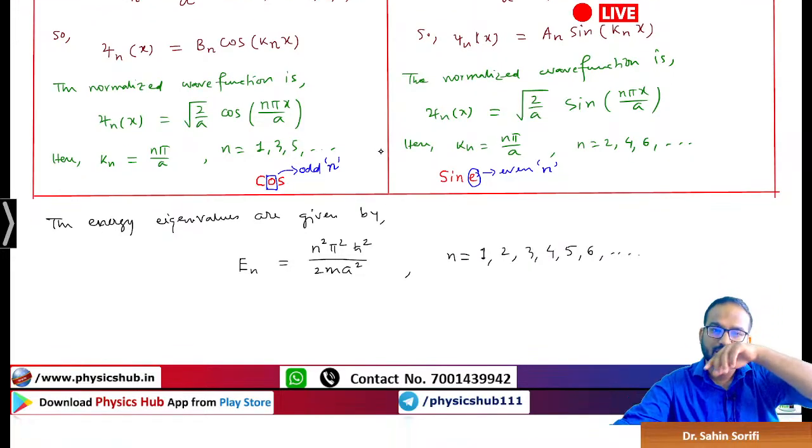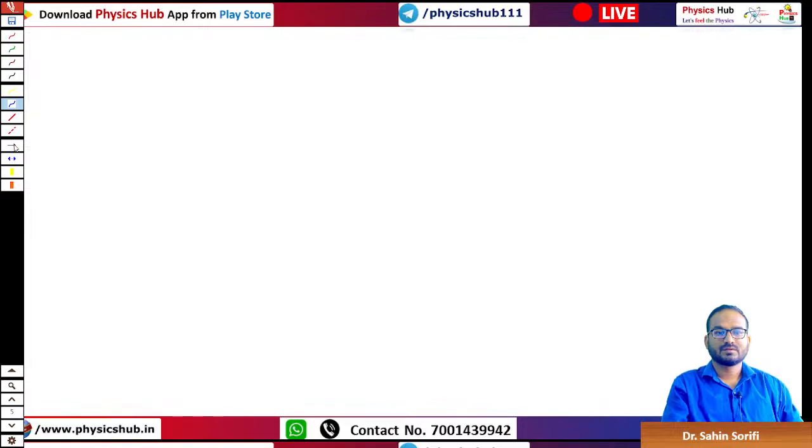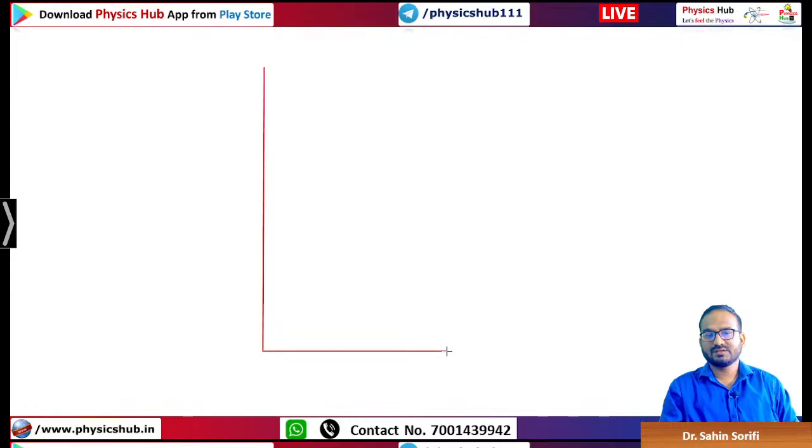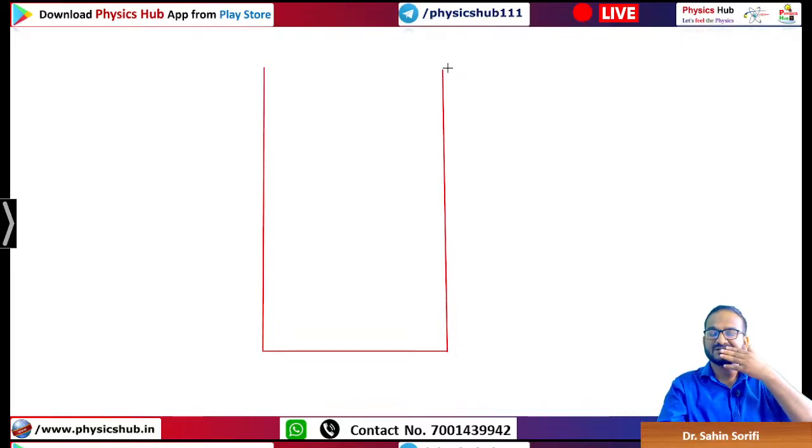Now, if you draw the wave functions, it will be a little bit different. Okay, we have shown you the wave function for the asymmetric potential box. For the symmetric potential well, it will be changed a little bit.